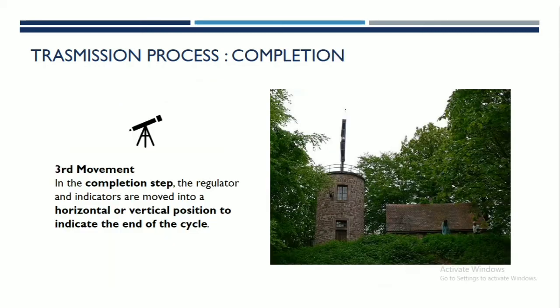The last step is the third movement in the completion step. After the downline operator has successfully copied the symbol, the regulator and the indicators are adjusted back to the original position, whether horizontal or vertical, to indicate the end of the cycle.